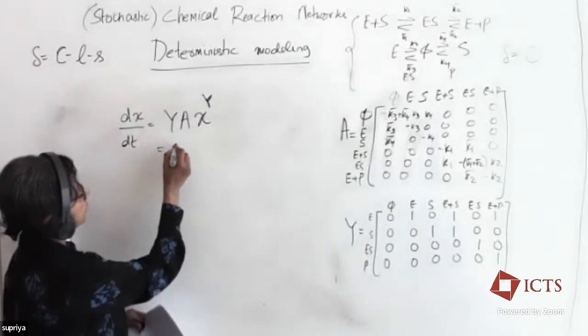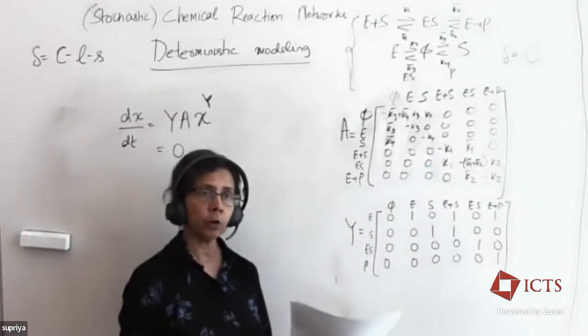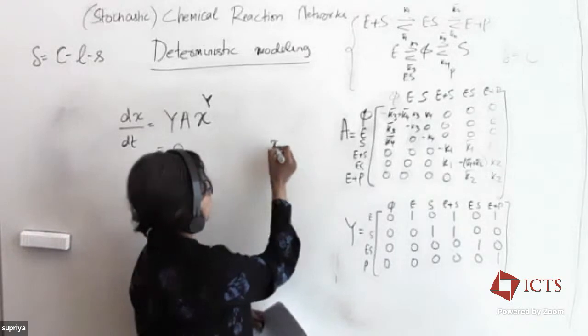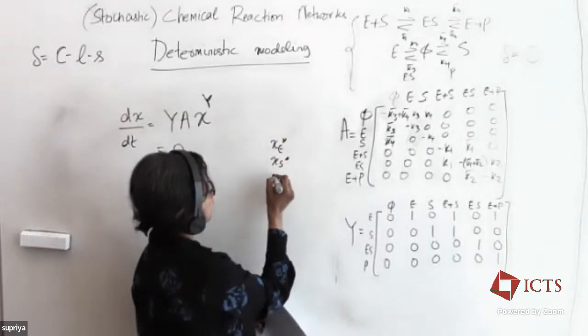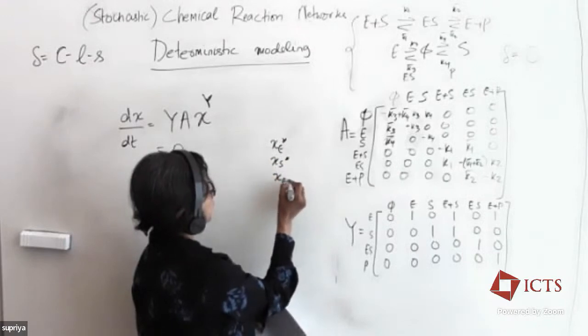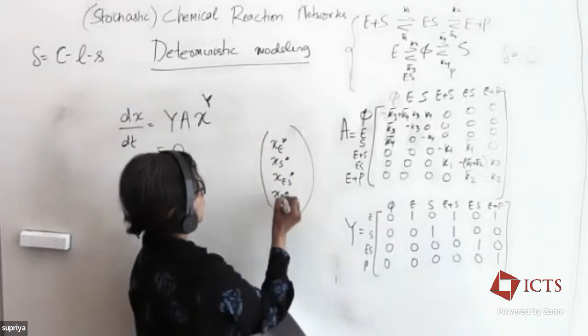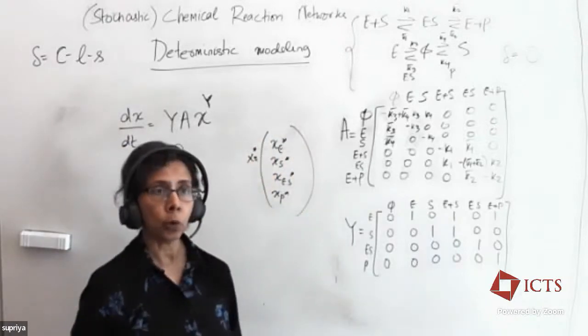So from that motivation, we are only interested in this, right? So these are our fixed points. If we can solve for what xe is at the fixed point, let's call it xe star, xs star, xes star, xp star. That is our fixed point, which we'll call x star. This is what we want.